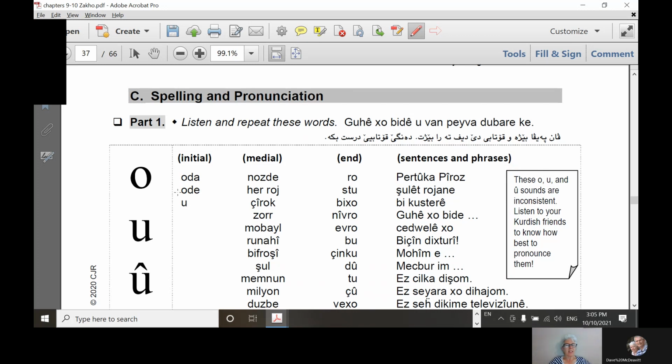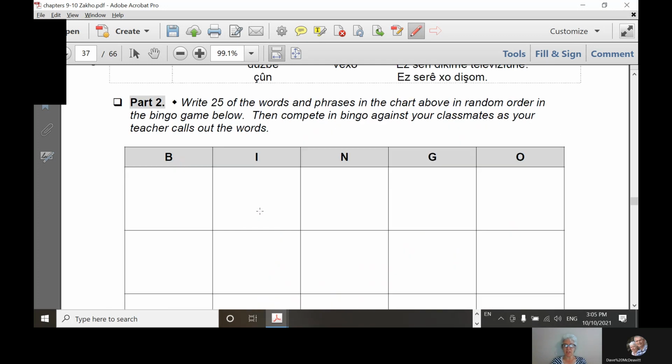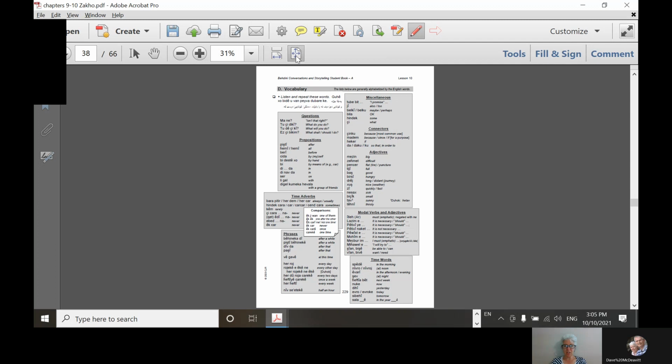Usually in the Behdini area, it's all sort of smushed to oo. Every now and then, like nose, da, that's an O sound. Some people say rouge, some people say rouge. Some people say chirok, some people say chiruk. So it's a dialectical thing. So listen to your language helper and you'll find out how best to do that pronunciation.